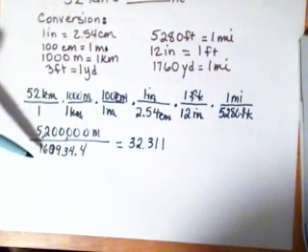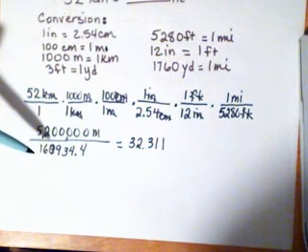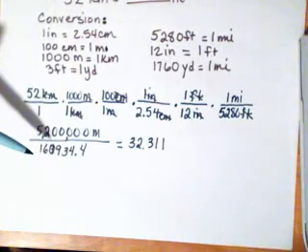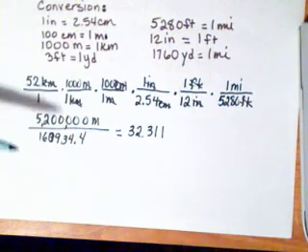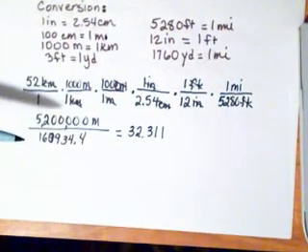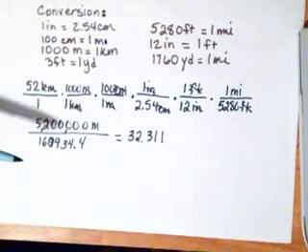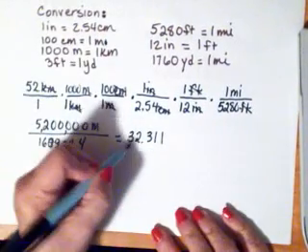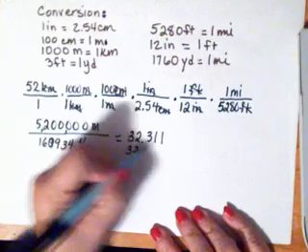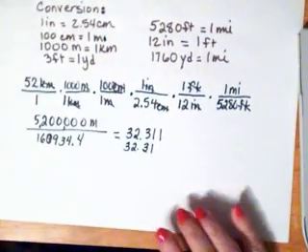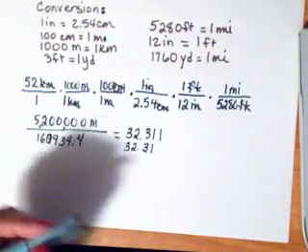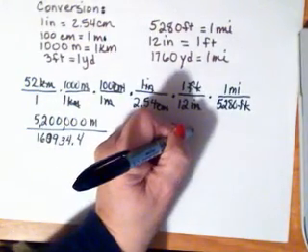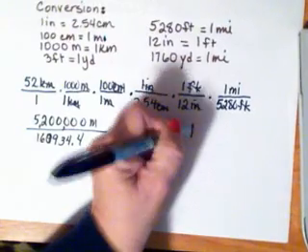There will be instructions as to what to round to if the answer doesn't come up exactly even. So in this case, we're going to round to the nearest hundredth, which would make 32.31.